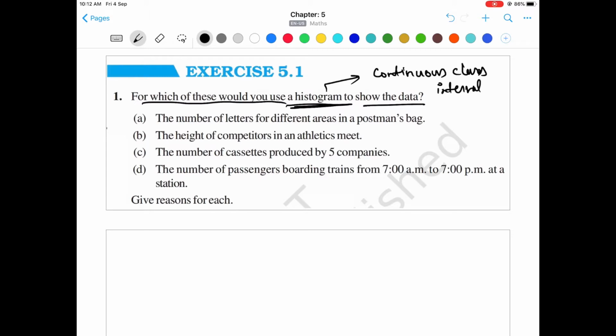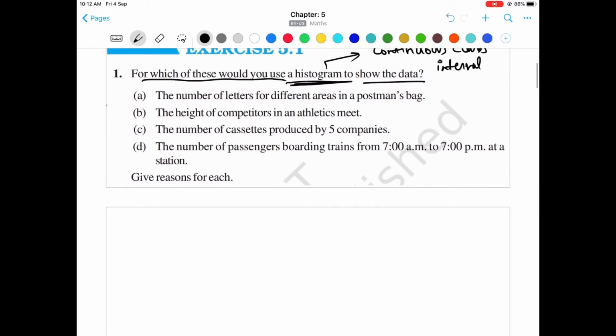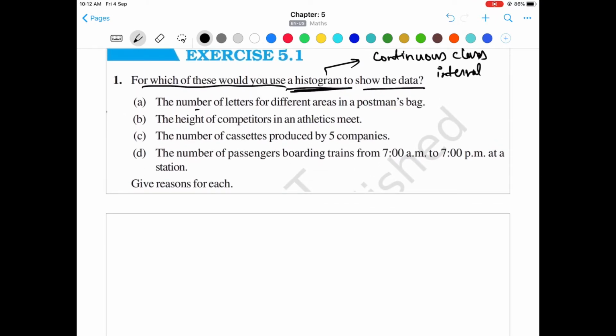We are given certain statements here, so we need to state for which we can use the histogram. The first one is the number of letters for different areas in a postman's bag. Can this be represented by a histogram?